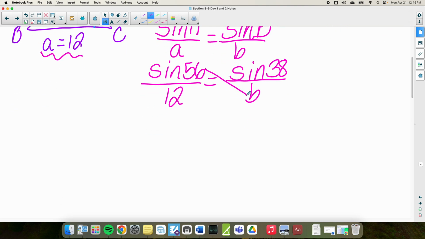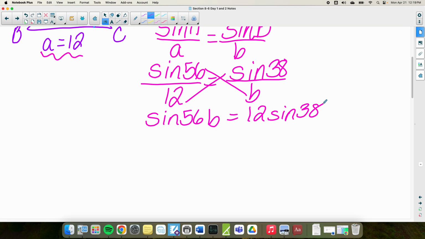So I'm gonna multiply this and get sine 56b equals 12 sine 38, okay? Now, I'm looking for little b, and that little b right now is multiplied by sine of 56. What's the opposite of multiply? Divide. So I'm gonna divide by sine of 56 on both sides.